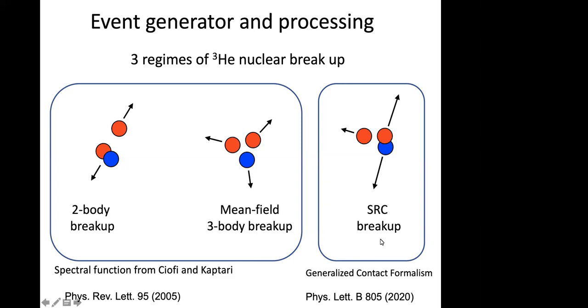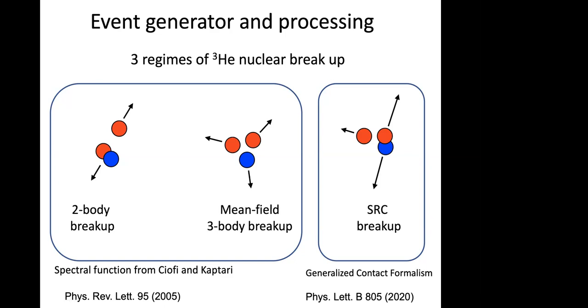And for SRC breakup, we're using the generalized contact formalism in order to generate the momentum of the nucleon inside the SRC. For detailed information about the different kinematic regimes and how we use them, we also use these two reference papers here.